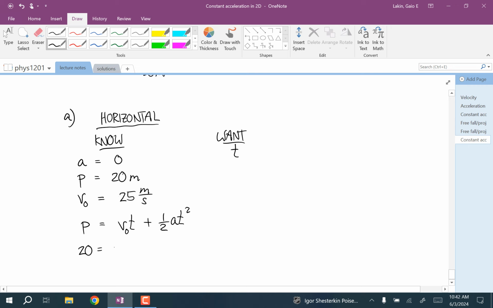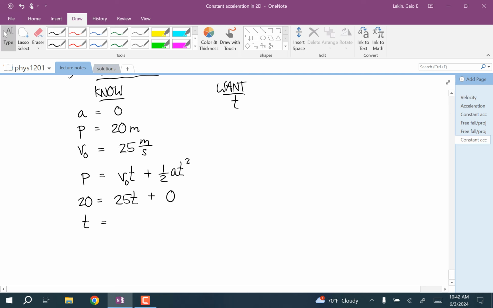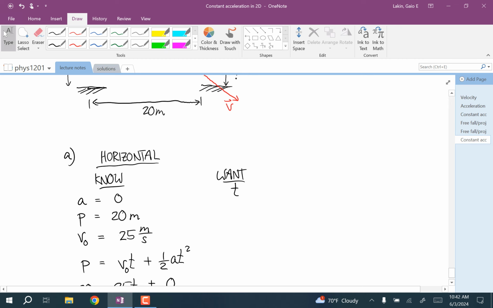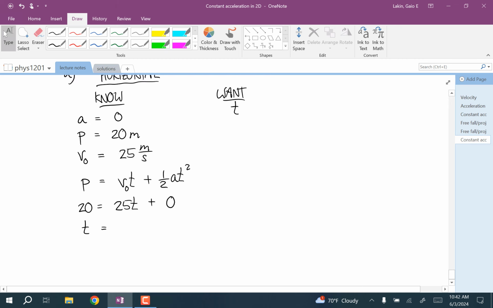So 20 is equal to 25t plus, since a is equal to 0, this is 0. And so t is equal to 4/5, so 0.8.